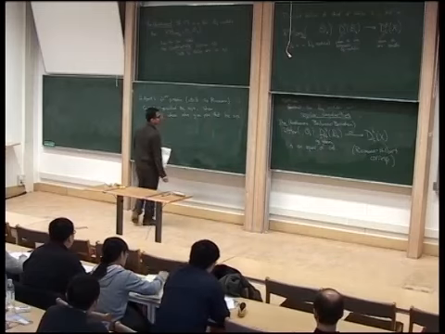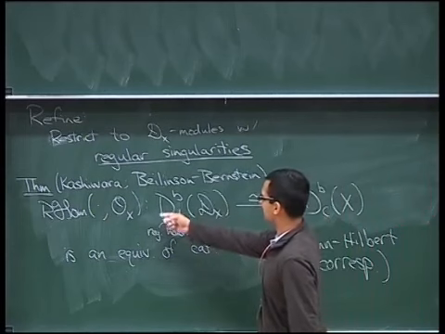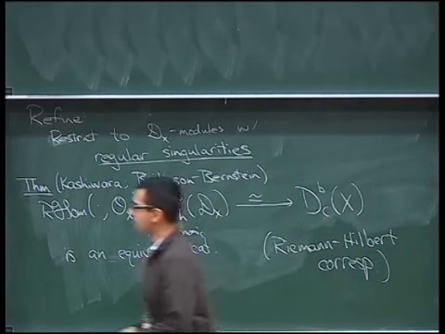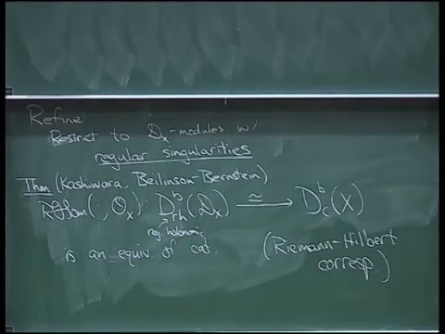So now that we have an equivalence of categories, one thing you can ask is, well, there's a t-structure on this derived category. Any derived category of an abelian category has the natural t-structure where the abelian category you get is the abelian category of regular holonomic D-modules.